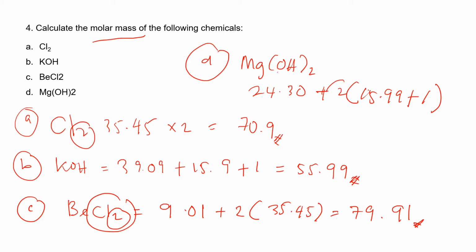Why put 2 in front? Because we have 2 oxygen and hydrogen atoms. So when you total up, you will get 58.28. Okay.